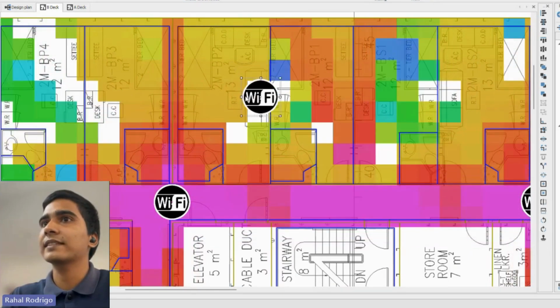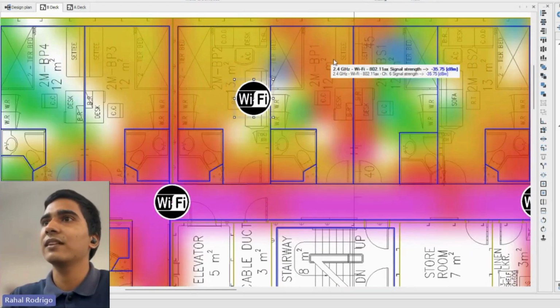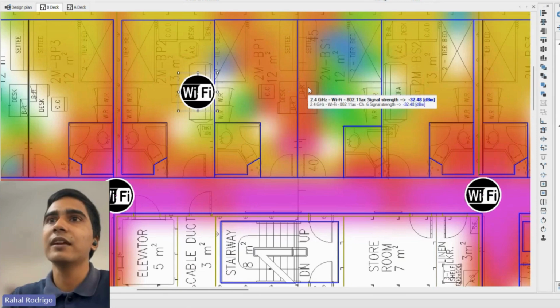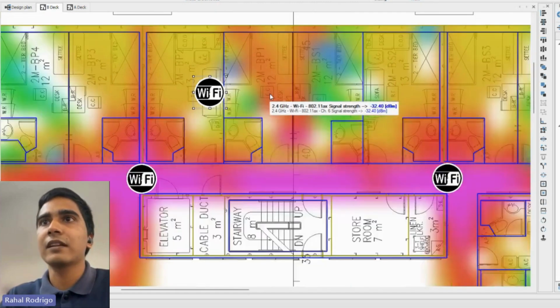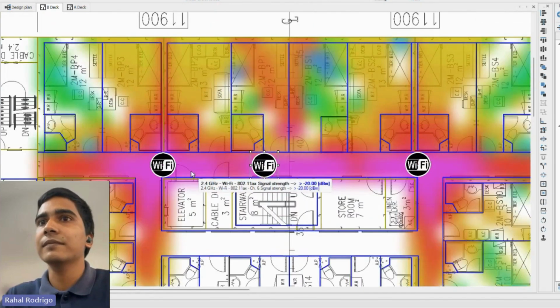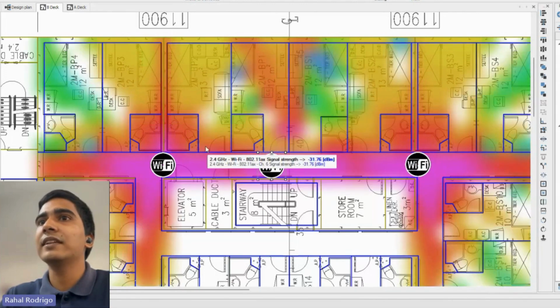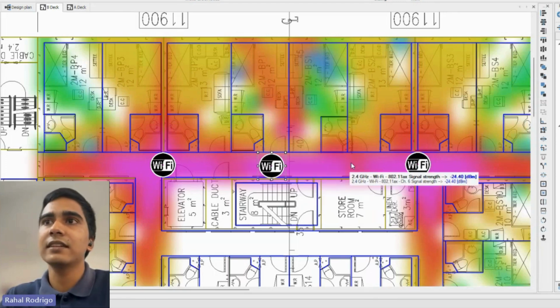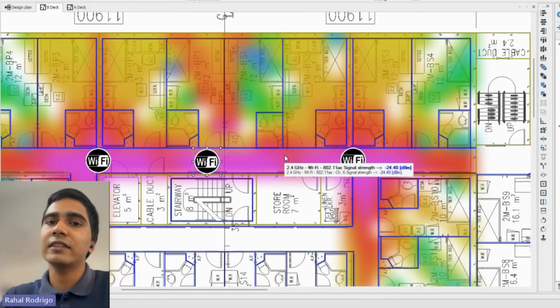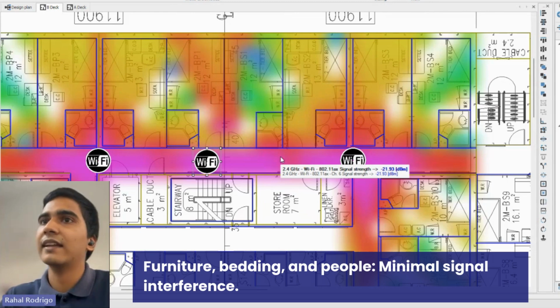For example, if you place the access point over here, it has to pass through this wall and this wall to get to this room, which is not practical because it'll attenuate quite a bit by that point. But if you place it in the corridor, generally speaking, it is a bit more unimpeded from either side as it has to pass through fewer layers. And it's also not going to be affected too much by the furniture and other structural components.